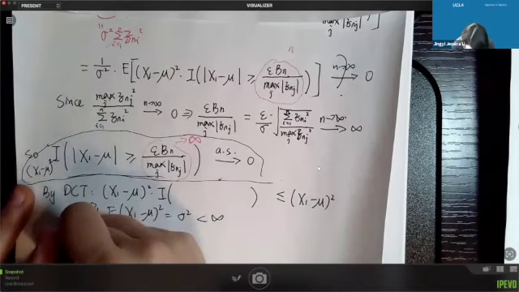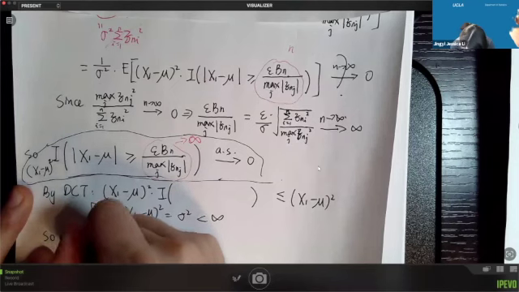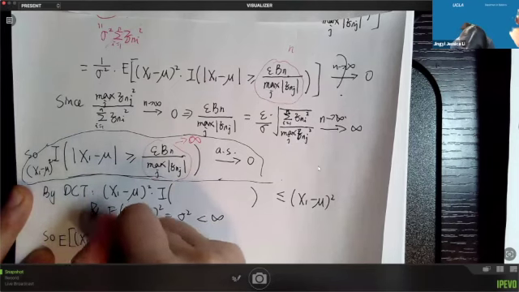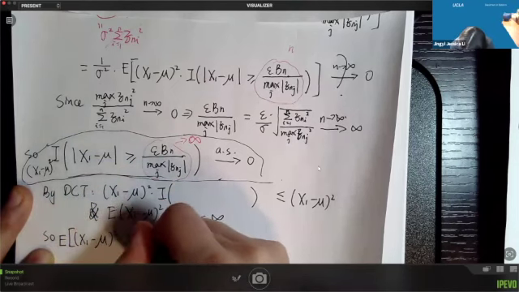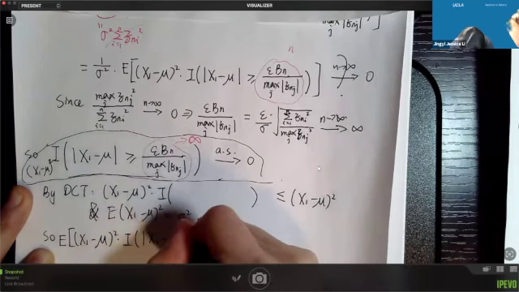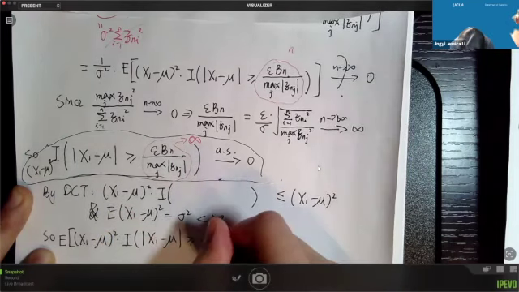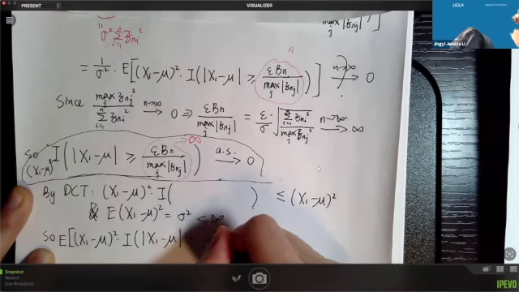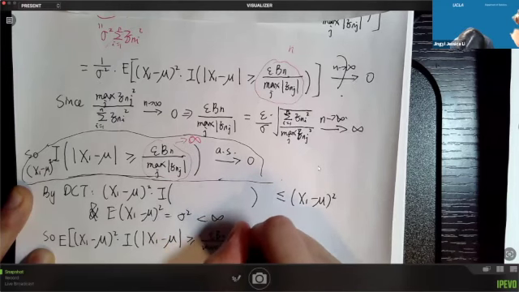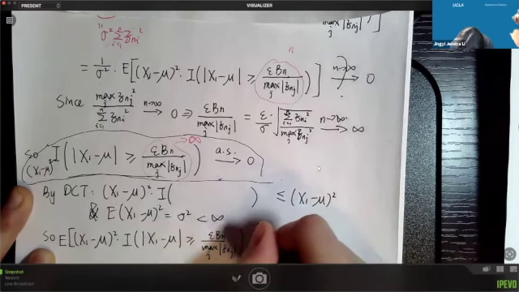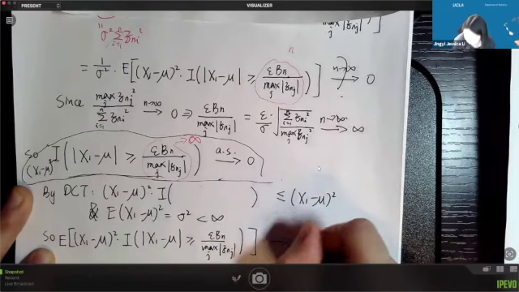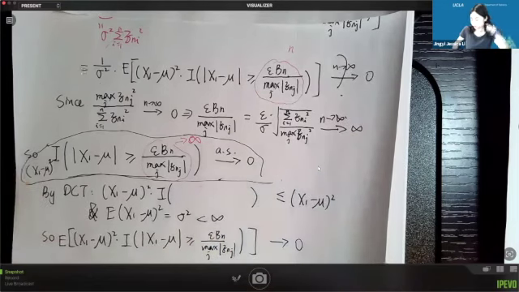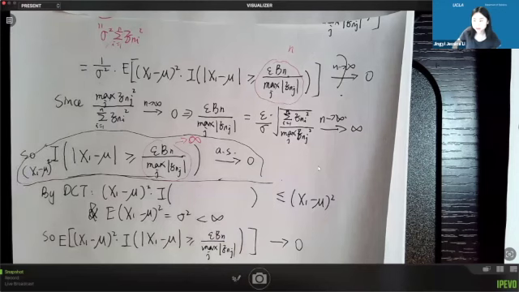So we would have that x1 minus mu squared times the indicator that x1 minus mu is greater or equal than this lower bound has expectation converging to 0. That's it. That just completes the Lindeberg condition.